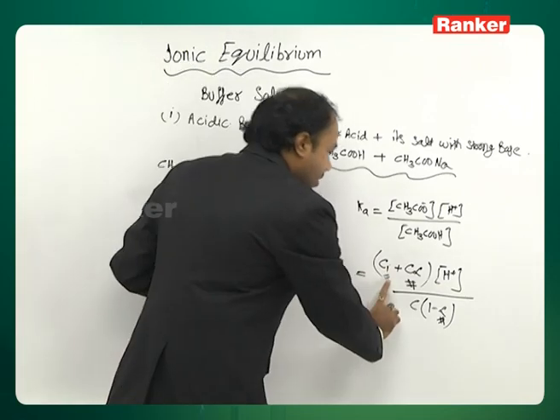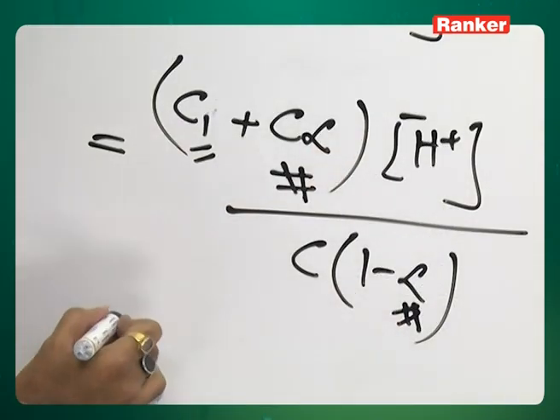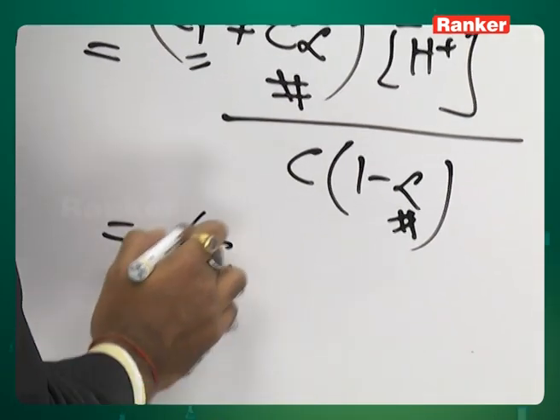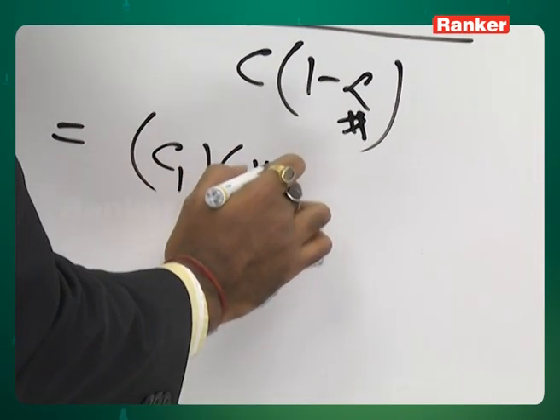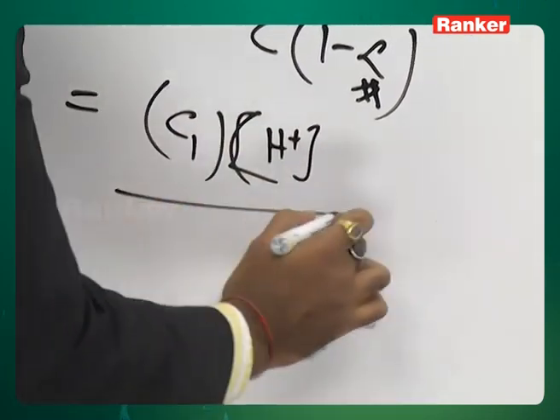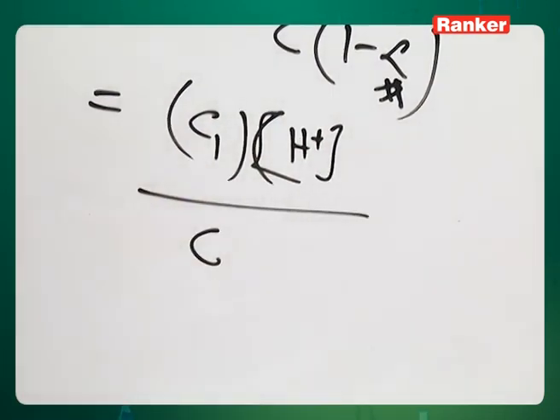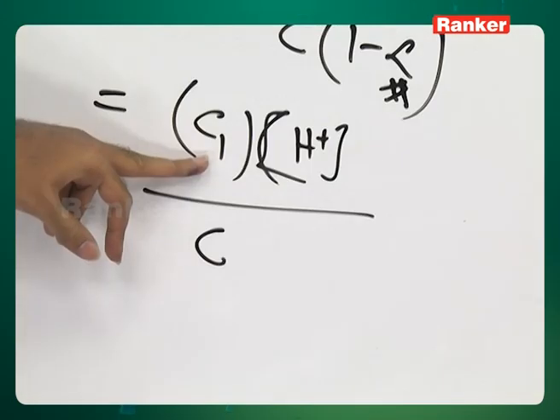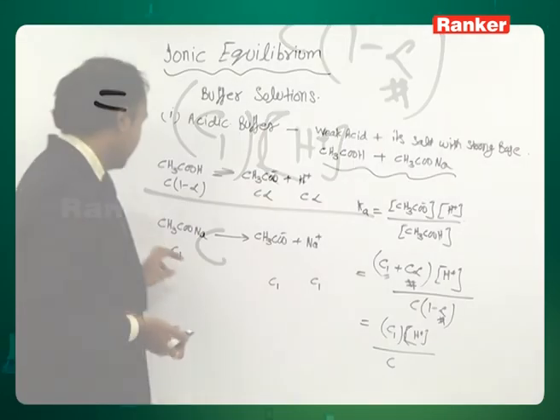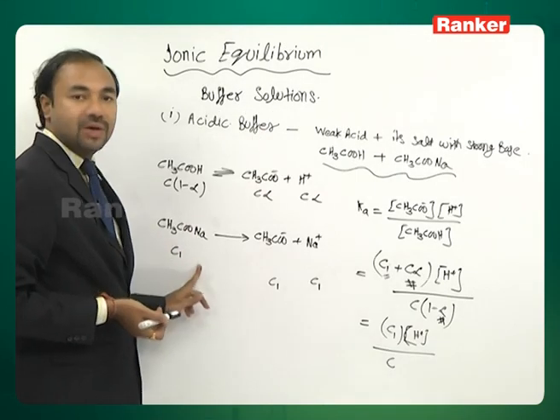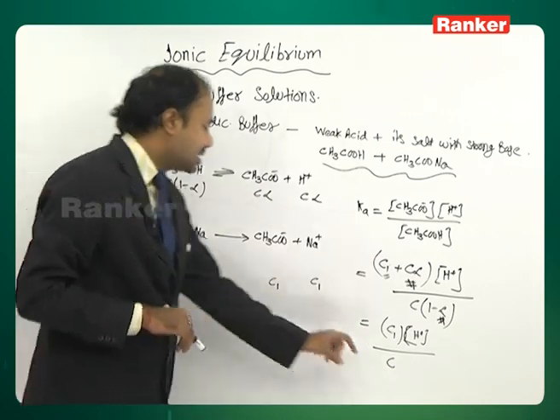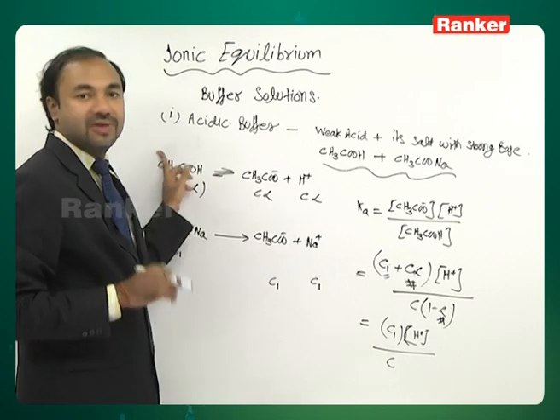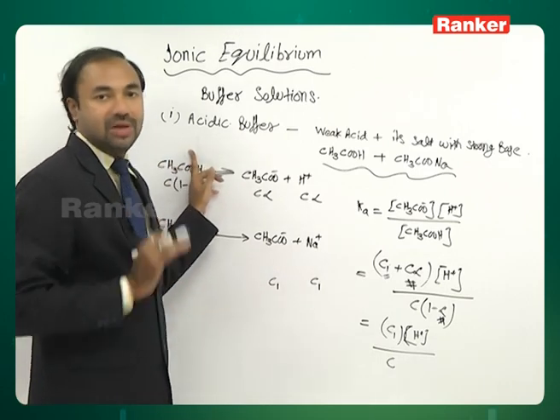Now, after taking these approximations and writing the values here, it becomes C1 into concentration of H plus ions upon C. Now we check the symbols which we have used. C1 is nothing but the concentration of the salt which was originally taken. Similarly, C here is the concentration of the acetic acid taken initially, before the dissociation.